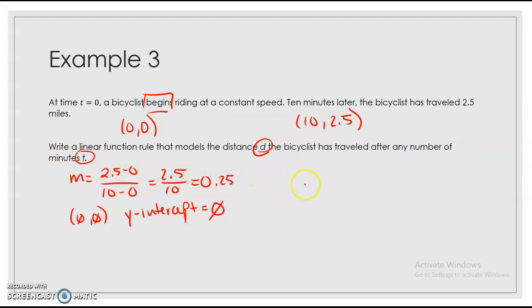And so d is going to be the same as our y. So I'm going to have d equals 0.25 or 1/4 t. Either one of these is a correct answer. But again, I didn't have to go through solving for b because I started with 0, 0, and so that meant my y-intercept was 0.